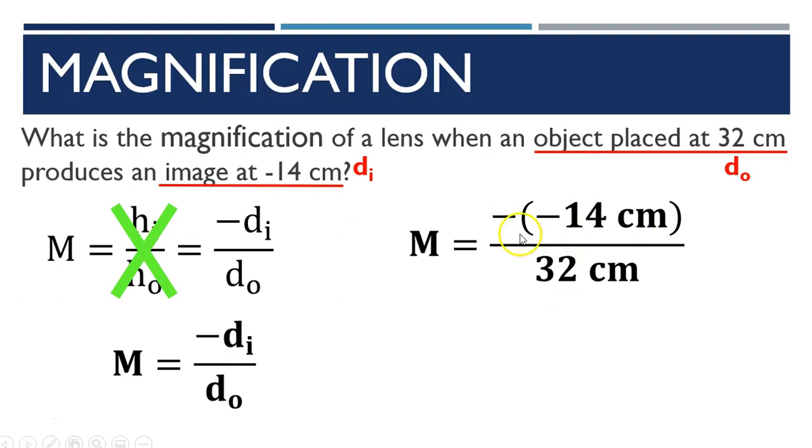So don't leave that part out. It's very important. So negative of negative 14 divided by 32, when you plug that into your calculator, you should get 0.44. A magnification doesn't have any units on it because it's just a how much bigger, how much smaller. So the magnification of this lens is 0.44.